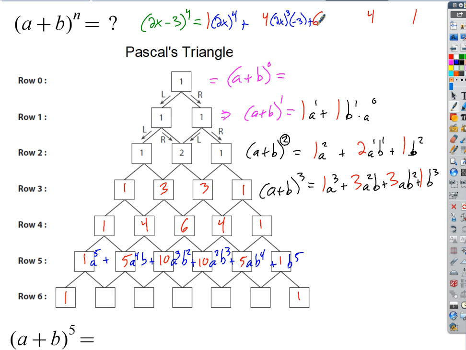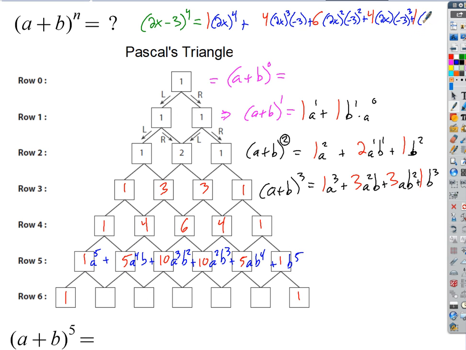Because I've got a negative 3 to an odd power. Plus 6 times 2x squared times negative 3 squared. So that's going to be a positive term because negative 3 squared is positive, right? Plus 4 times 2x times negative 3 cubed. So that's a negative term.